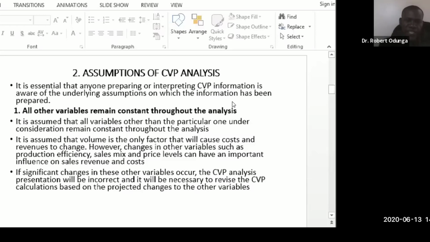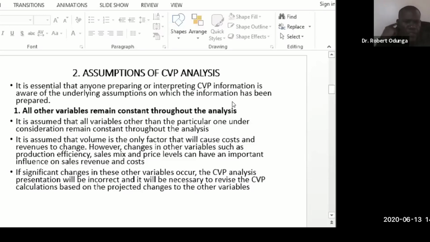It is assumed that volume is the only factor that will cause costs and revenues to change. However, changes in other variables such as production efficiency, sales mix, and price levels can have an important influence on sales revenue and cost.